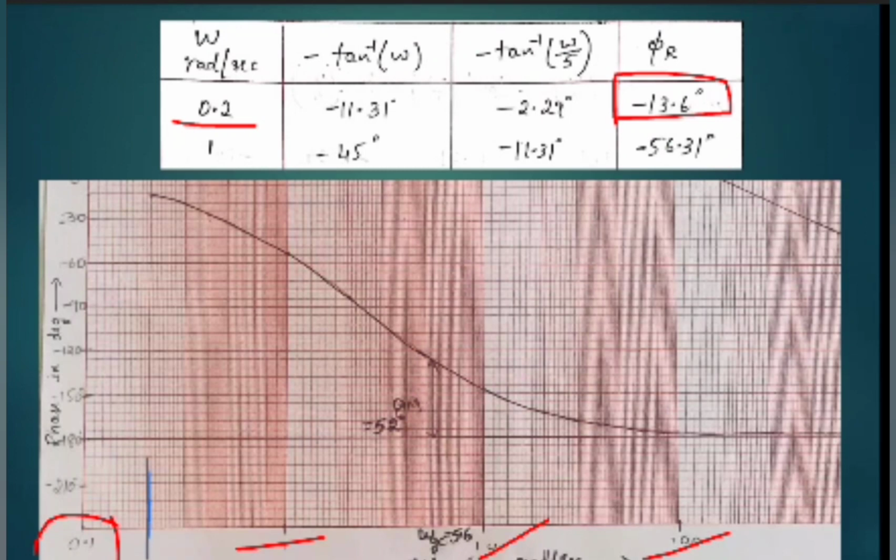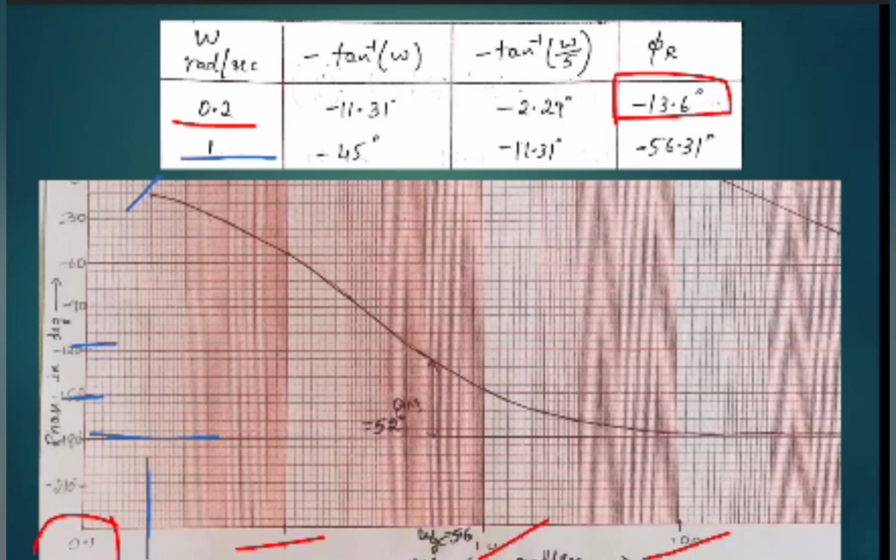So at 0.2, we need to plot minus 13.6 degree. You can see that I have put the y-axis here as minus 180 degree and with 30 degree difference, that is 150 and then 120. Exactly measuring minus 13.6 and plotting it, I get the point here, that is the first point.